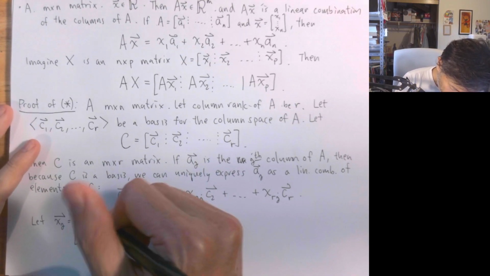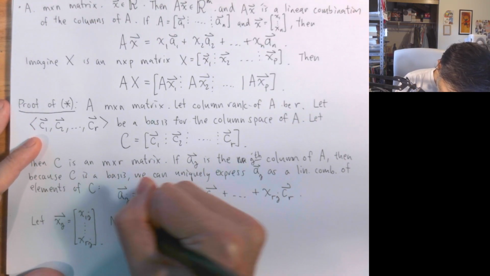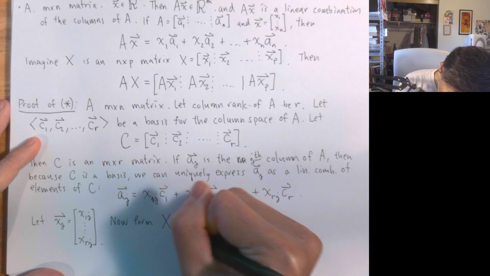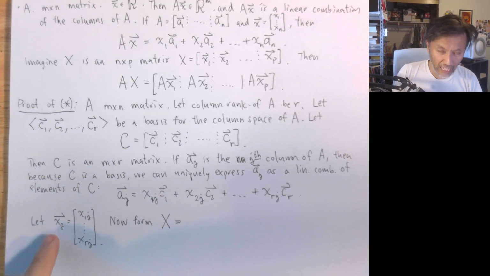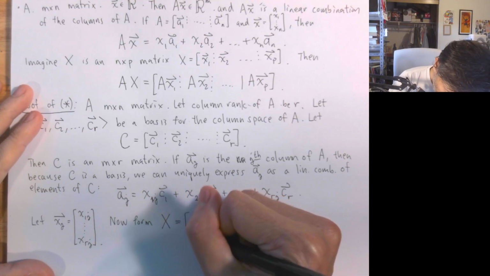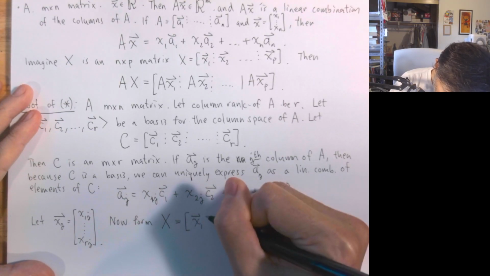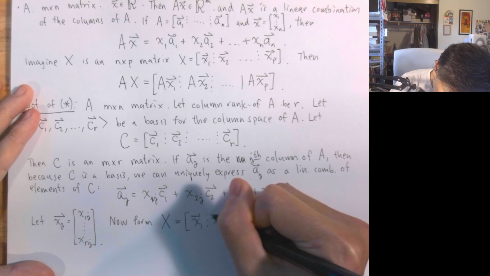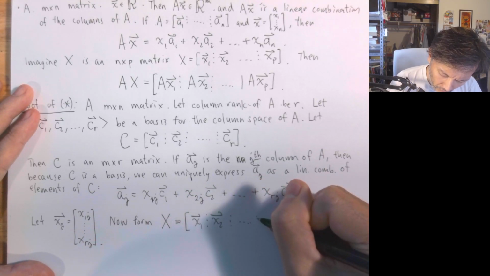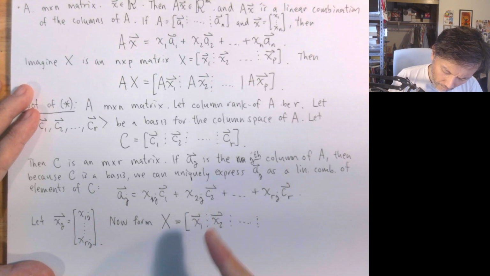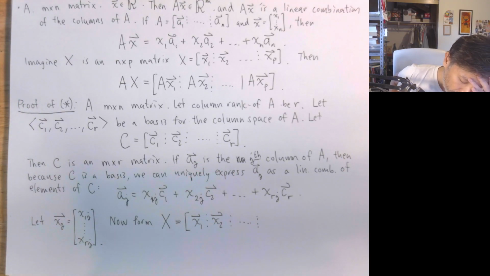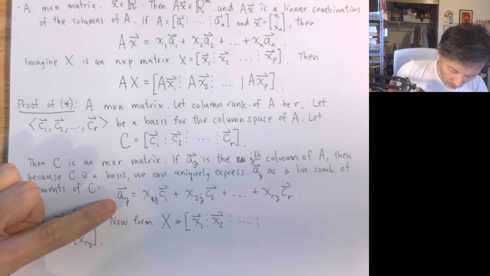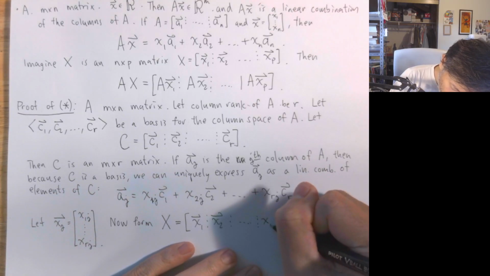And form the matrix X whose jth column is xj. So the first column is x1, second column is x2, and this goes all the way up to xn.